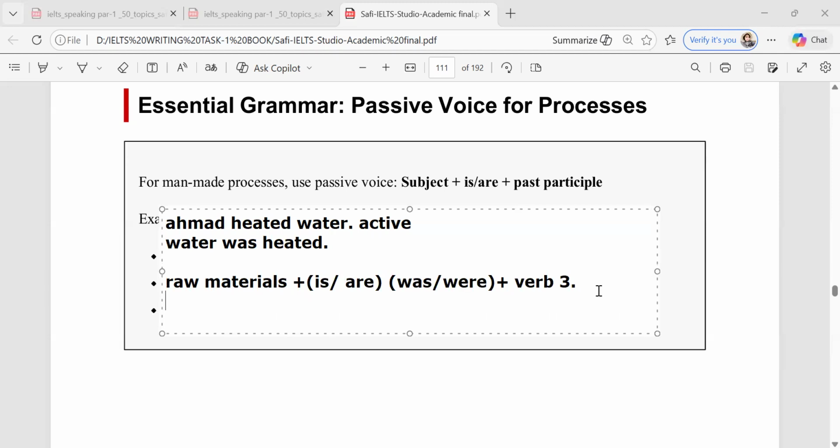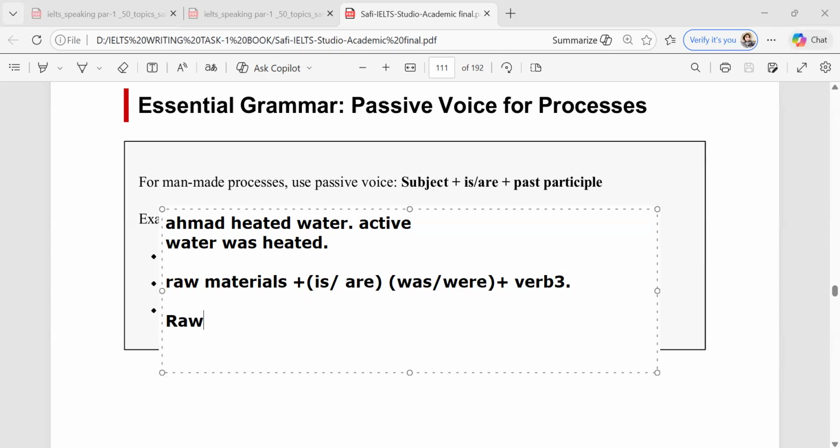We recognize whether it's present or past passive from the auxiliaries, not from the third form of the verb, because in all passives we use the third form of the verb. Suppose I say raw materials. It's plural, so if I want to write present, I can say are. Raw materials are. Can I say is? No, because materials is plural. If I use is, that's wrong. Raw materials are collected. Who collected?